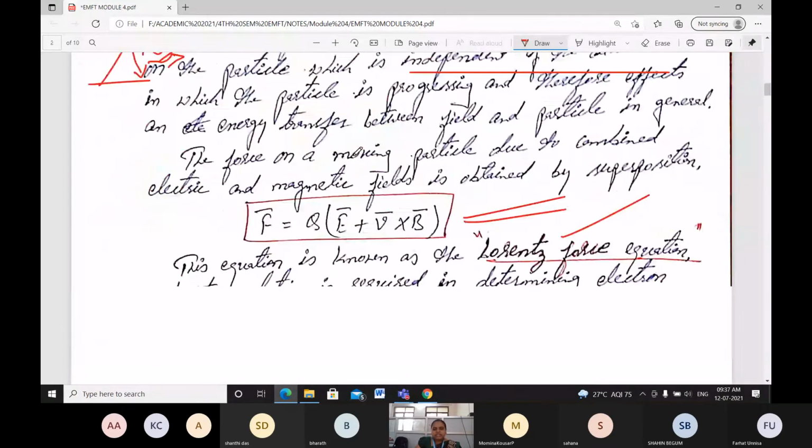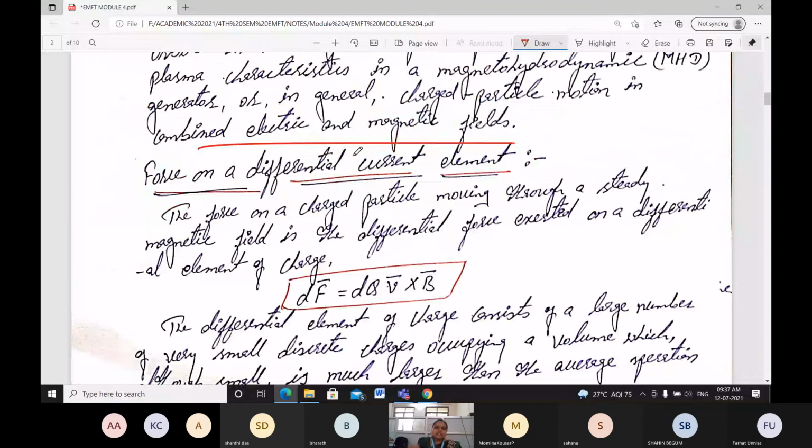The next part is the force on differential current elements. In terms of current, what might the equation be? Consider the force on a charged particle moving through a steady magnetic field. The same equation we took previously applies.